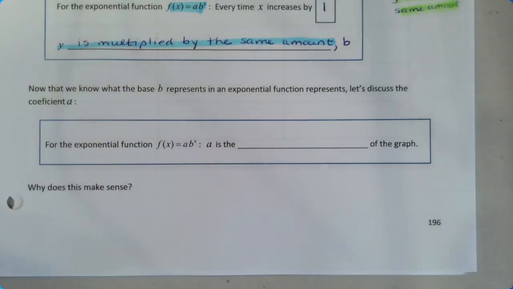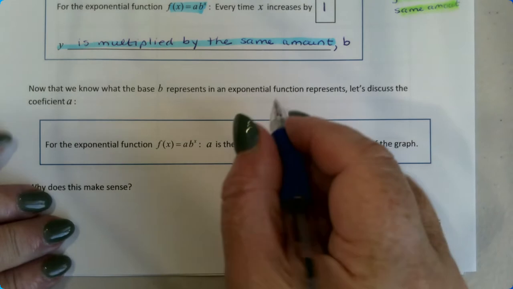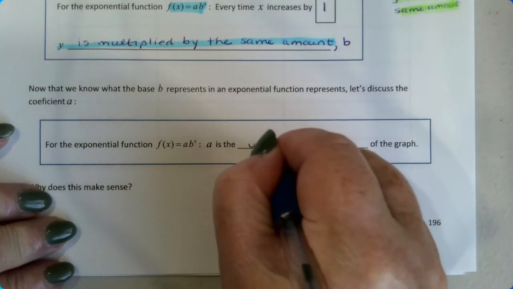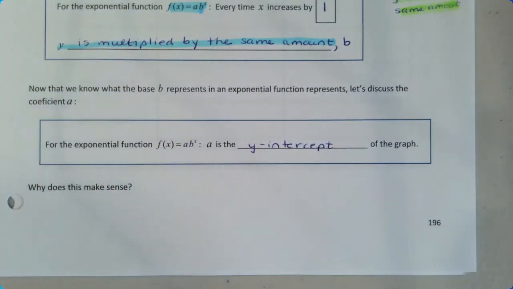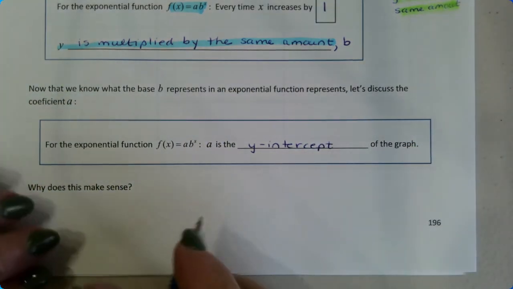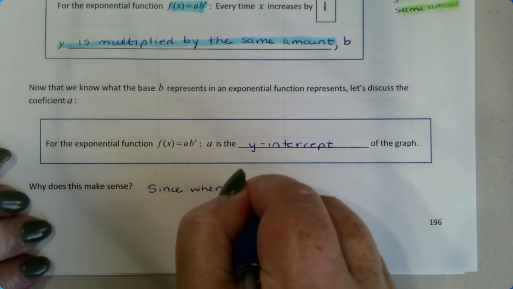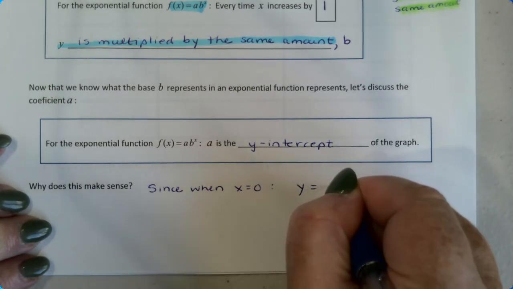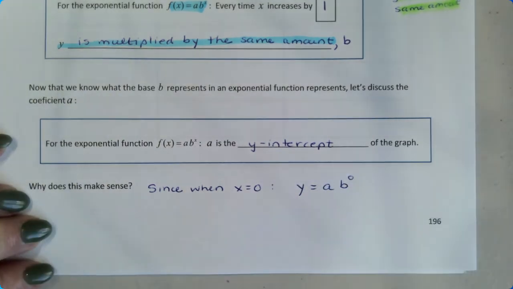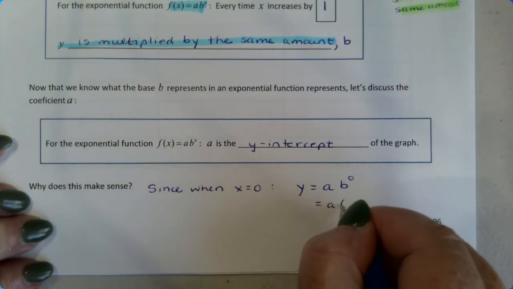All right, so now that we know what that base b does, we also know what a did, right? We said that a, the coefficient, gives us the y-intercept of the graph. Okay. And again, it makes sense since when x equals 0, your function would look like y equals ab to the 0 power, and anything to the 0 power is 1.